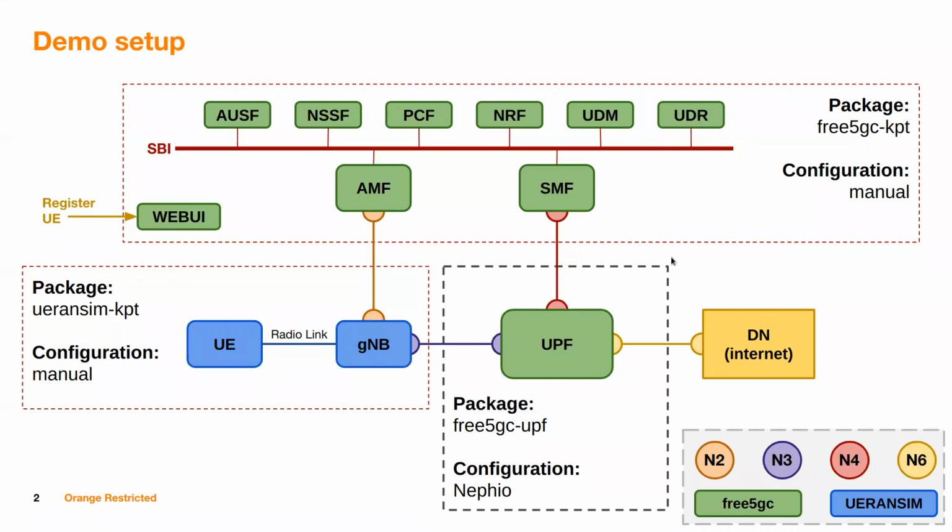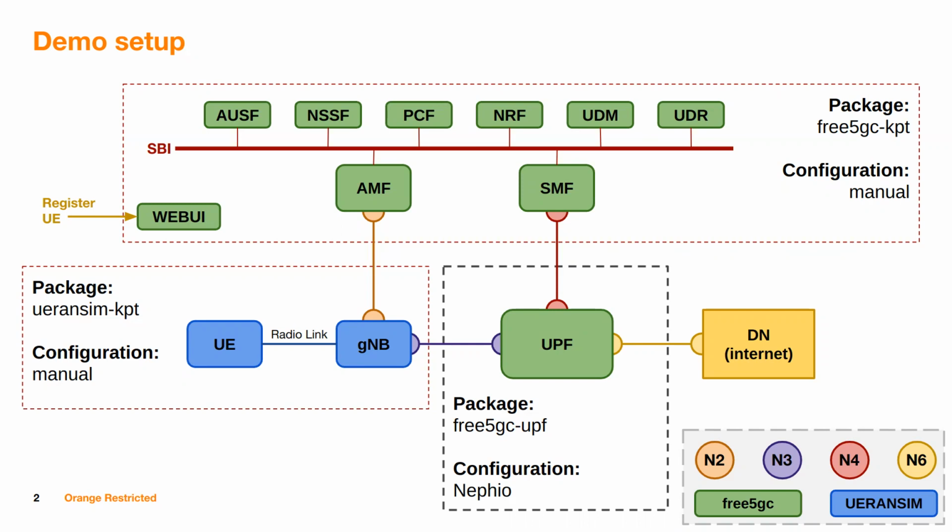We did some improvements. Right now we have kpt packages for everything, but only for the free5GC UPF package, the configuration is done by Nefio. We didn't target to improve the specialization phase, or the free5GC operator.